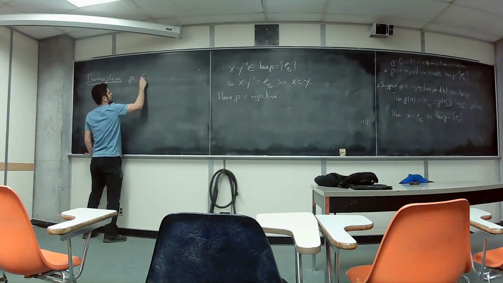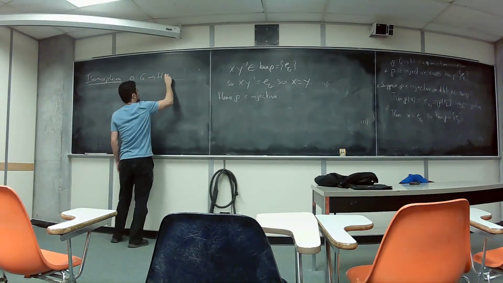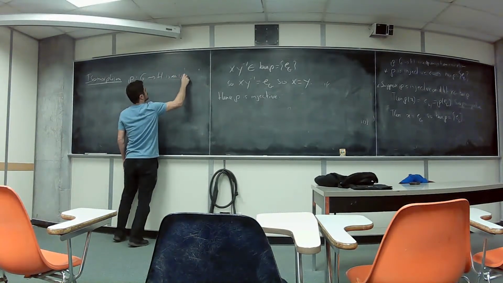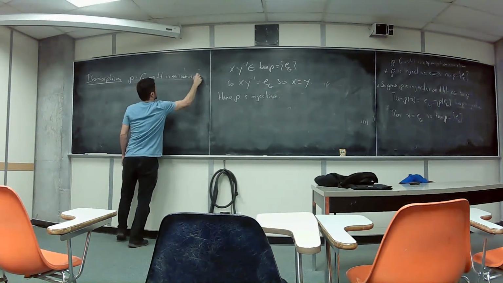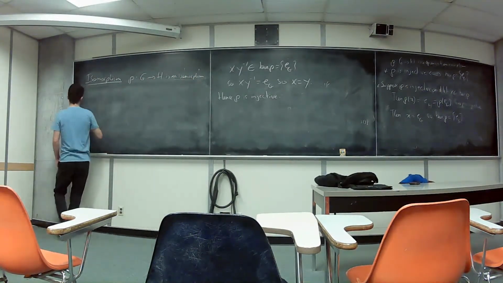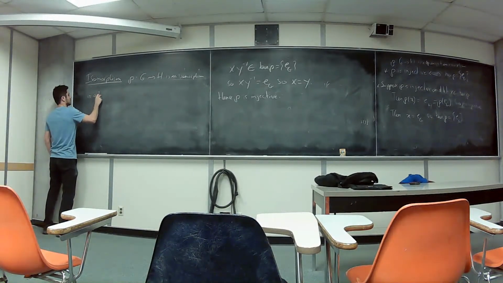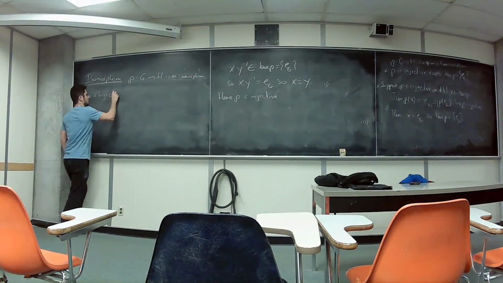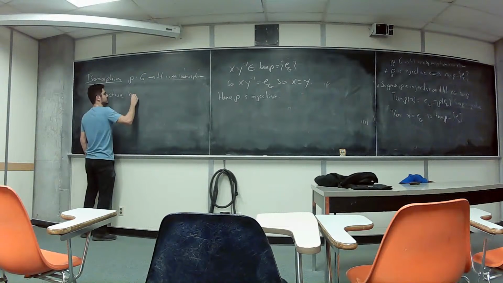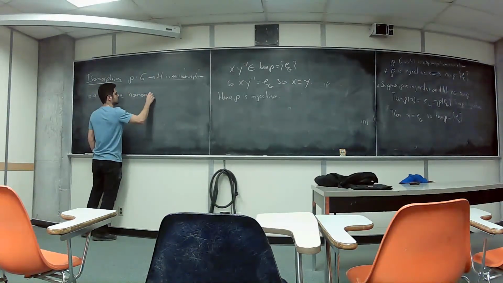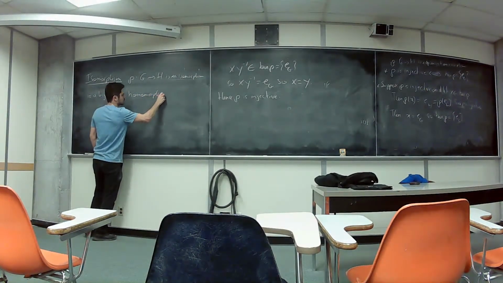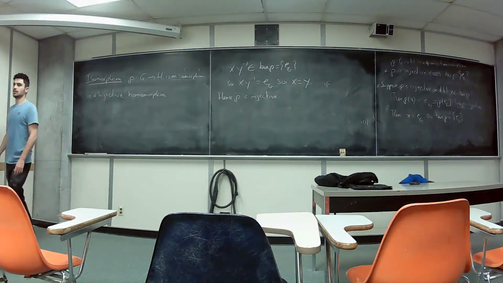So rho from G to H is an isomorphism. What is an isomorphism? It is a bijective homomorphism, right? Yeah.